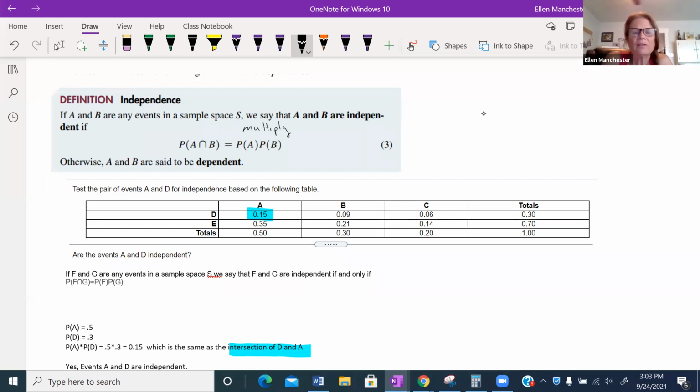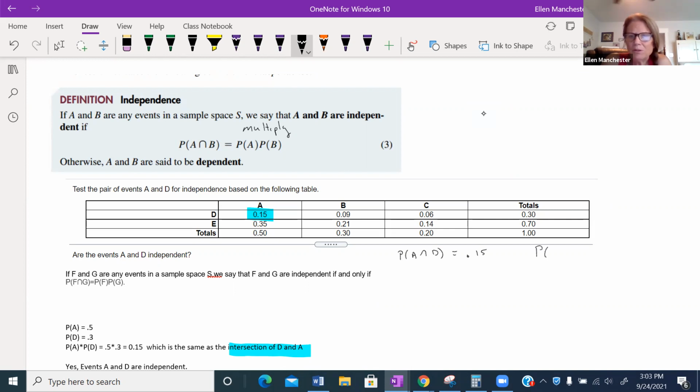So the question is, are the events A and D independent? Well, the only way we know if they're independent is if their intersection, right? So the intersection of A and D is 0.15. Now what we're going to do is test that.